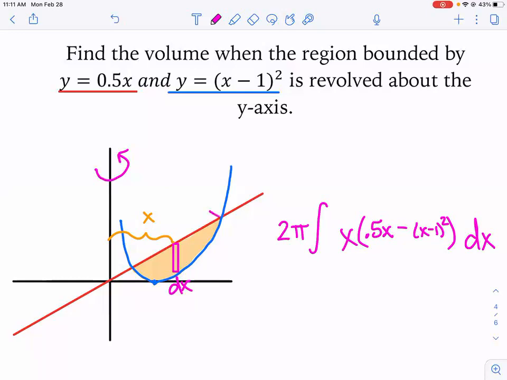All right, so now let's talk about our limits of integration. I need to know where these two bad boys intersect. The top one is 2. We don't know the other one.